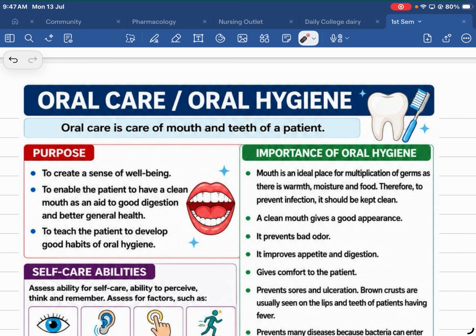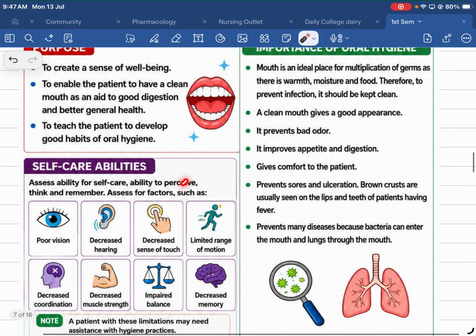Clear? Next, enable the patient to have a clean mouth and aid good digestion. If they masticate properly, then only will the complex form be correctly converted into the simplest form, right. Next, teach the patient to develop good habits of oral hygiene. Here we will see self-care abilities, we have already done that. Clear?